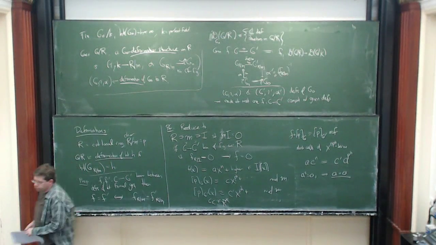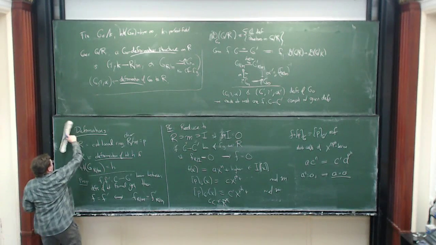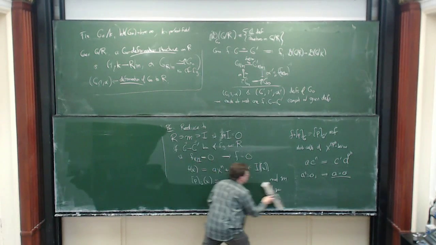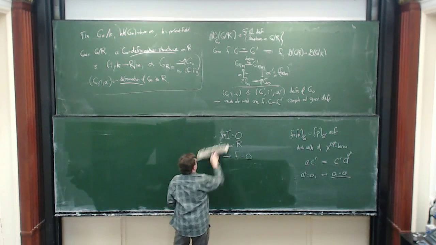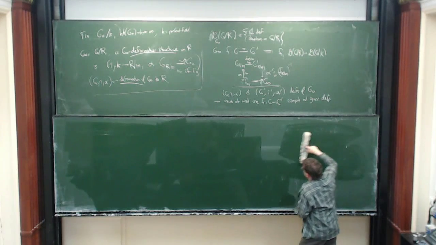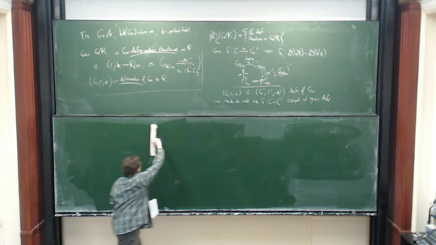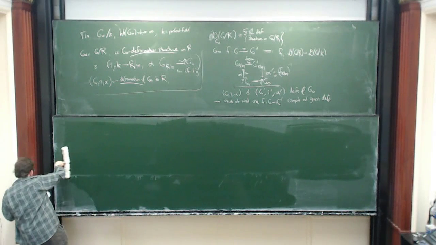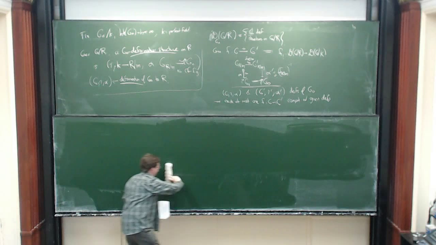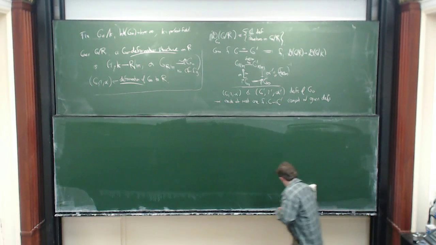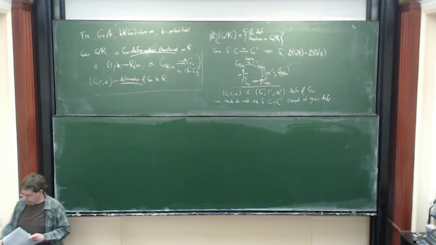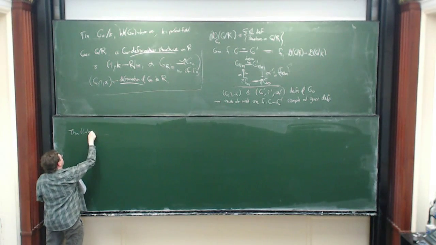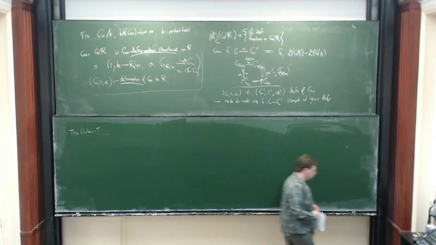So the starting point is the theorem of Lubin and Tate. The functor that associates to R the set of isomorphism classes of deformations of G0 is representable. Theorem, Lubin and Tate.